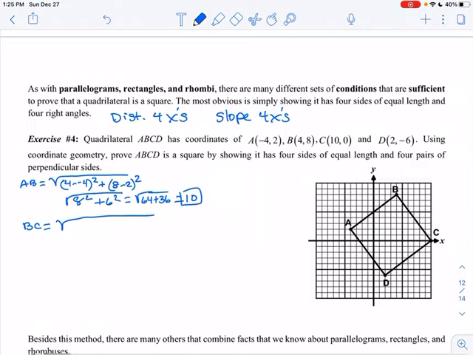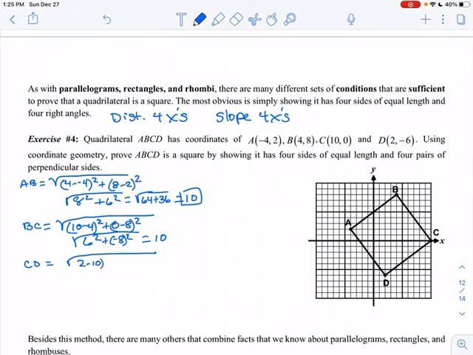So every single side is also going to be 10. When I do BC, I'm going to do 10 minus 4 squared plus 0 minus 8 squared. See how it's the same number, 6 squared and negative 8 squared. So right away, you know that is equal to 10. And side CD is going to be 2 minus 10 squared and negative 6 minus 0 squared.